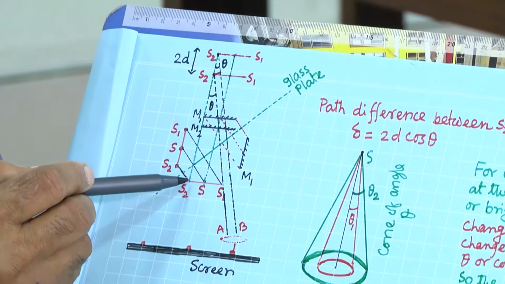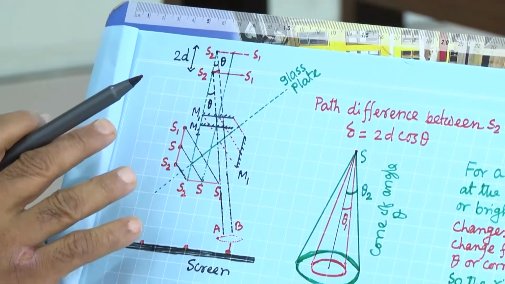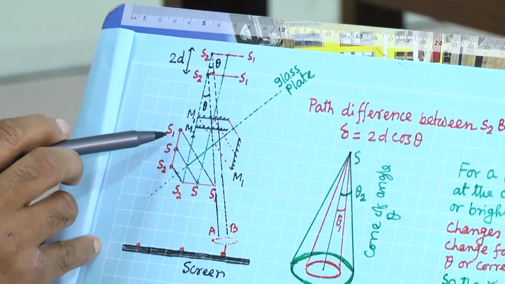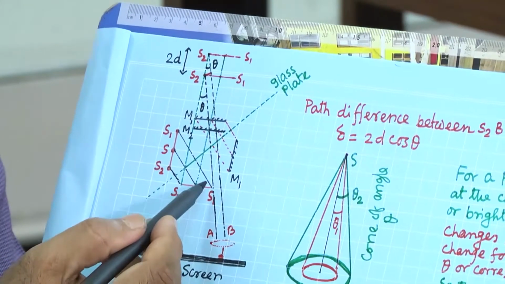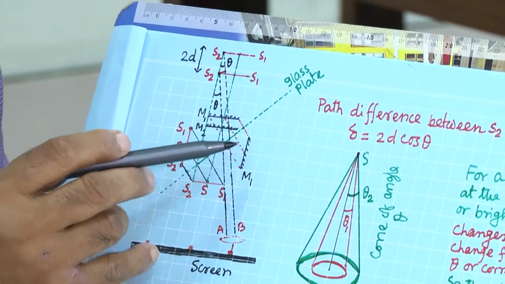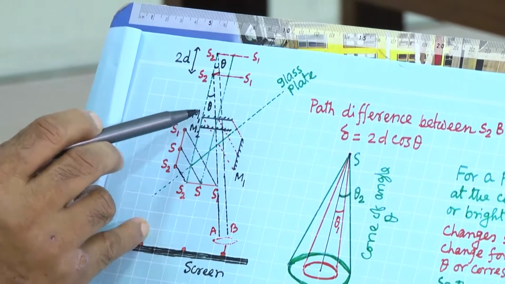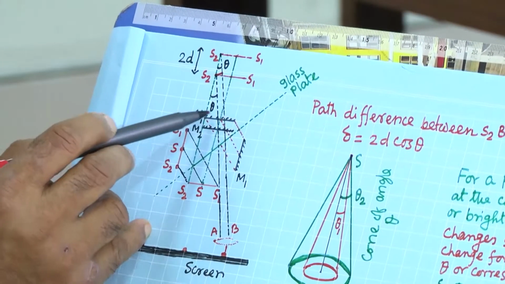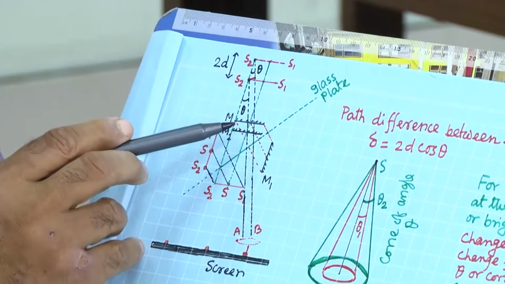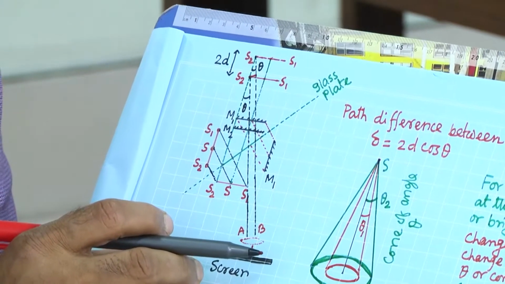If you connect them, the observer here will see the source not here but there. Similarly, for this mirror, the observer will see the image of the mirror here.